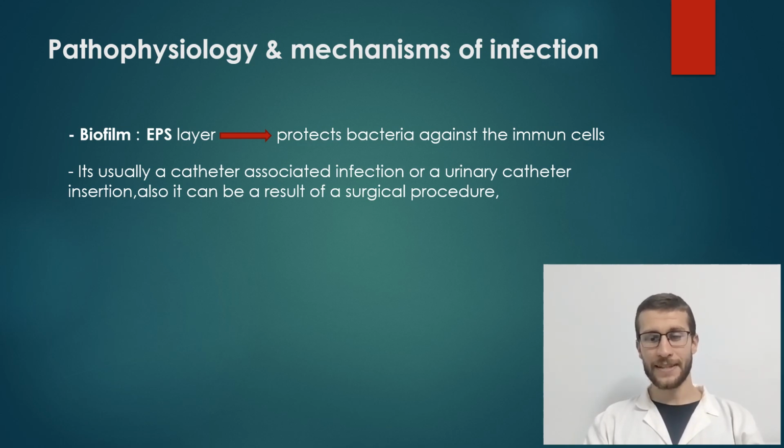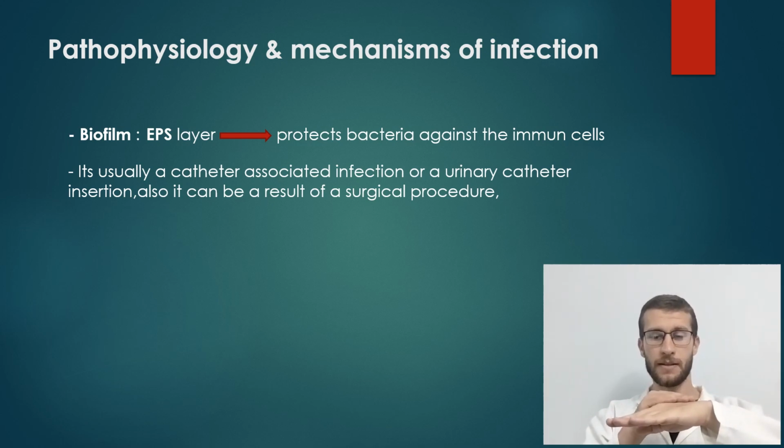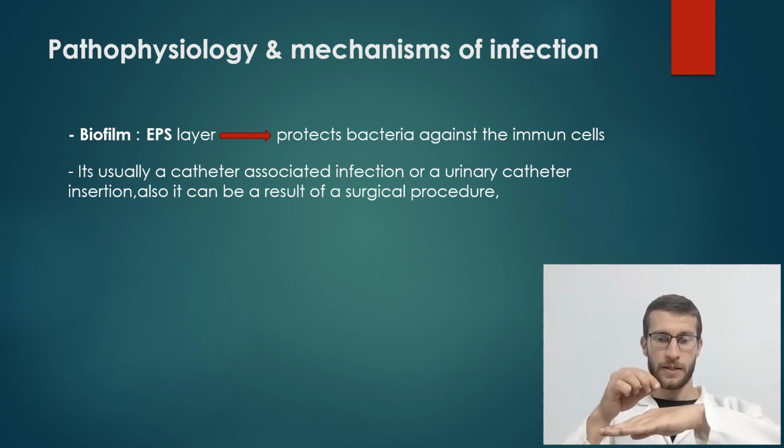So, as I said before, we have this bacteria already existing on our skin. It's a part of the natural flora. When we try to put the catheter inside the vessel, a small number of these bacteria will be attached to this device to get inside the vessel of the blood.